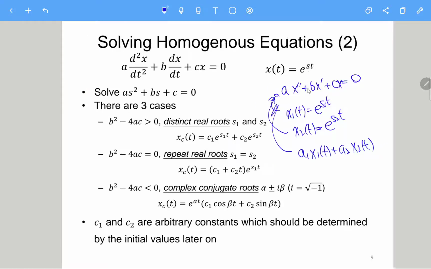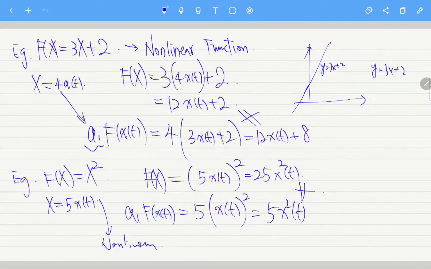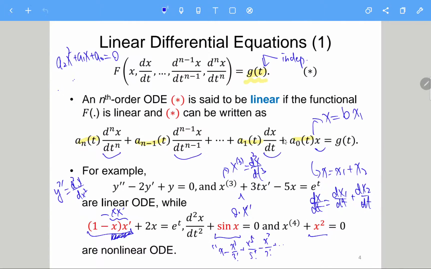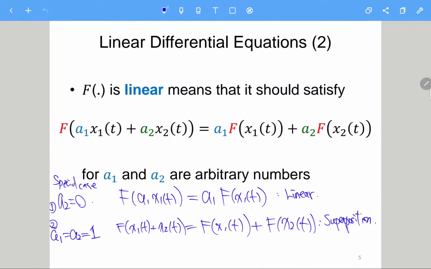Because I already mentioned that this is a linear function, we have f of x equals g of t.